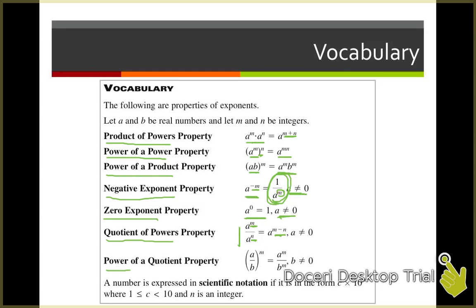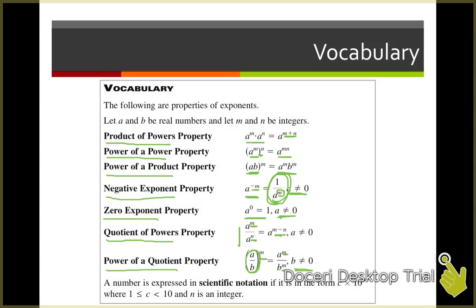And finally, the power of a quotient property says if I start with the fraction and then take it to an exponent, that's similar to our power of product property, I can take the power of my numerator and denominator separately, again, as long as b is not equal to 0, so we don't end up with a 0 in the denominator.